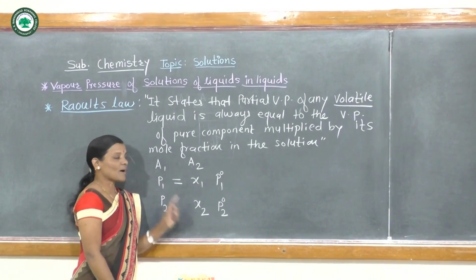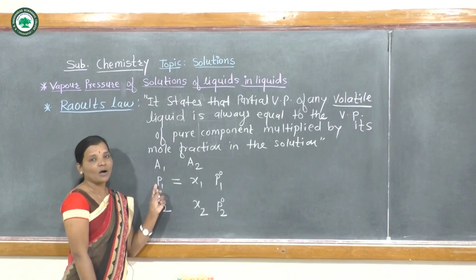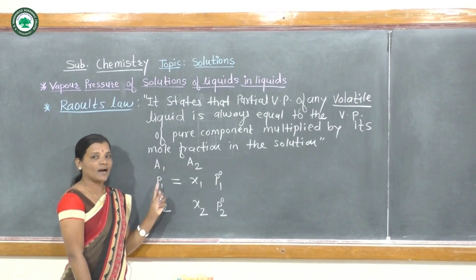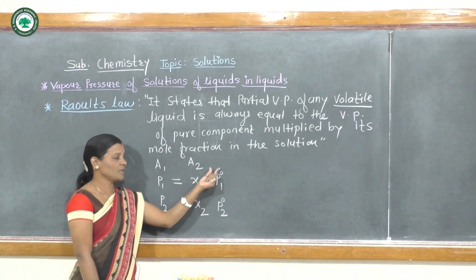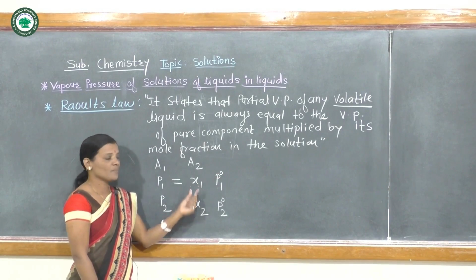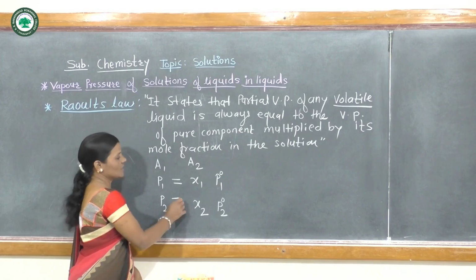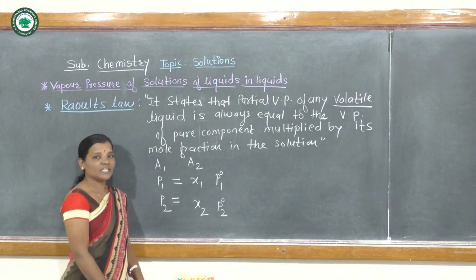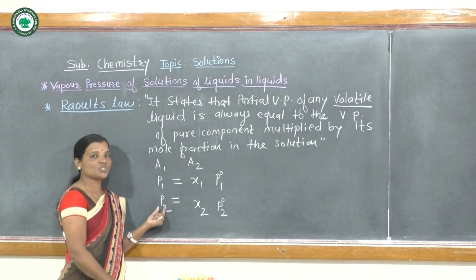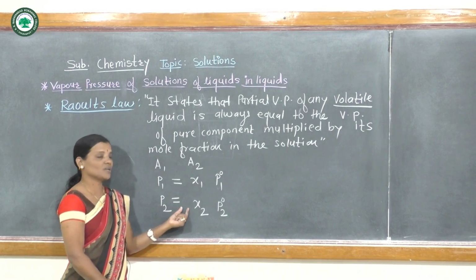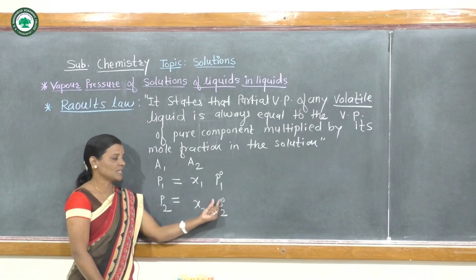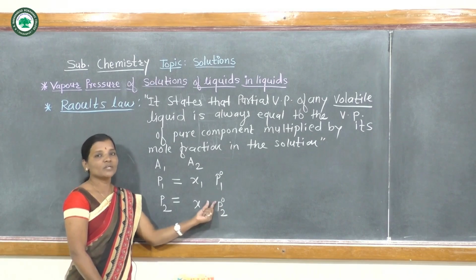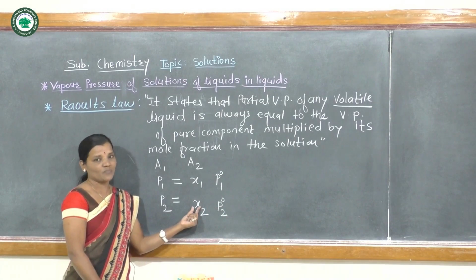So partial vapor pressure of A1 is P1 equals P01 into X1, and for the second component A2, its partial vapor pressure in the solution is P2 equals its own pure vapor pressure P02 into its mole fraction X2.